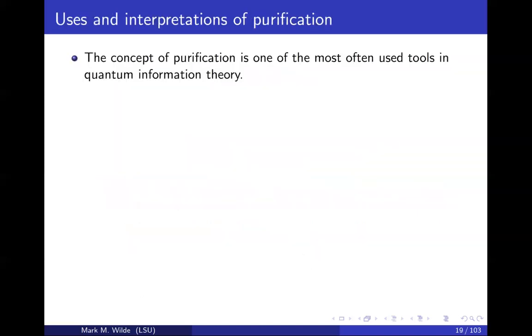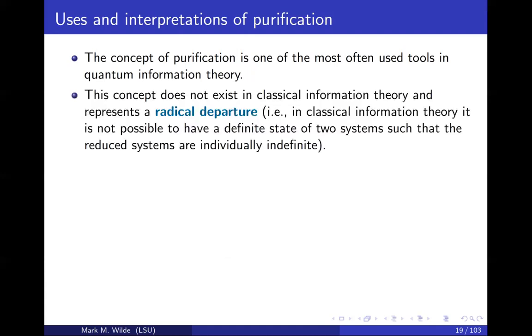So what is the important use and interpretation of purification? It does get used a lot. As we said, it does not exist in classical theory. It's related to entanglement. A pure state is like a definite state. We know for sure that the system is described by this state. It's definitely that possibility, not a mixture of possibilities.